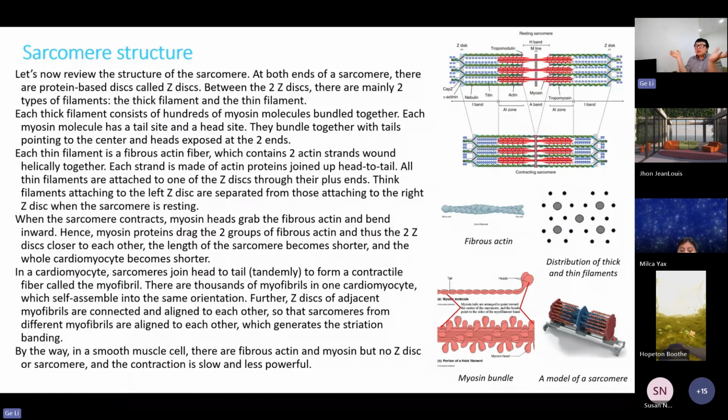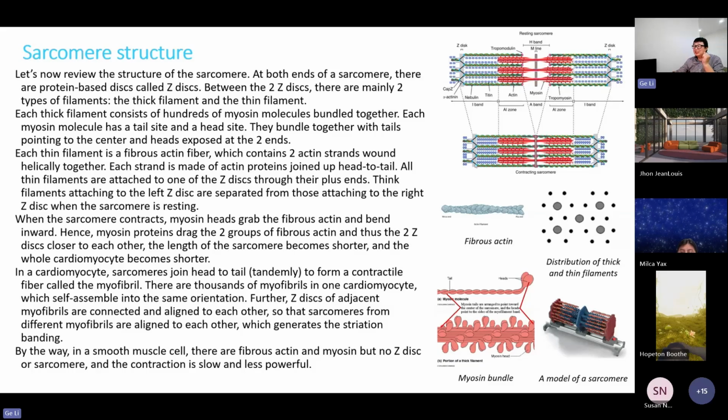And then when these two actin groups become closer to each other, the actin fibers are also connected to another layer of protein. This is a protein structure called the Z disc. And the Z disc is actually connected to another member of the cells. So basically the myosin dragging in the center brings two actin groups closer.